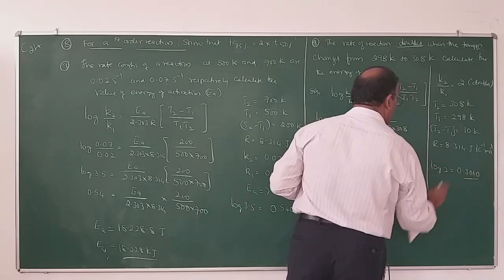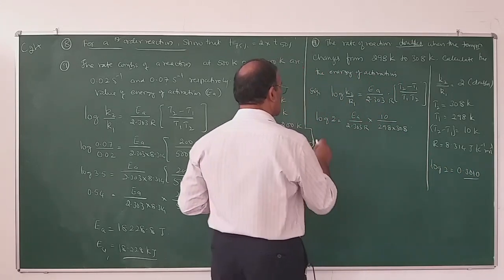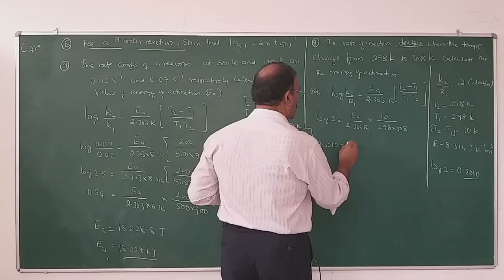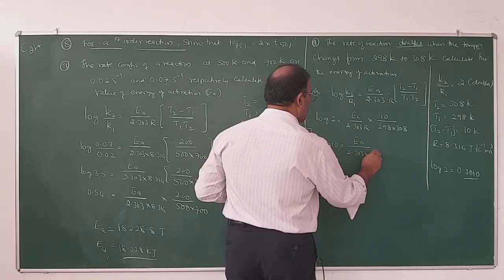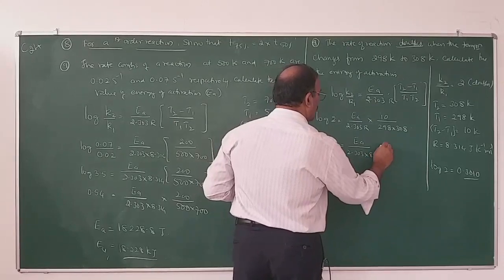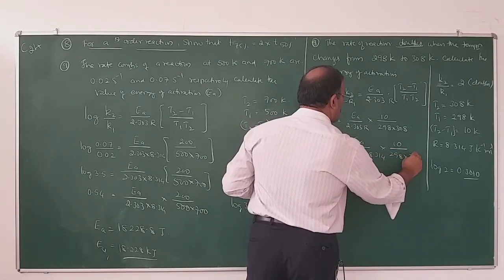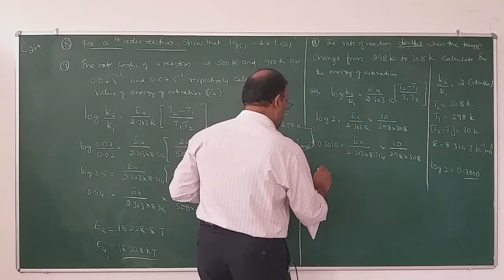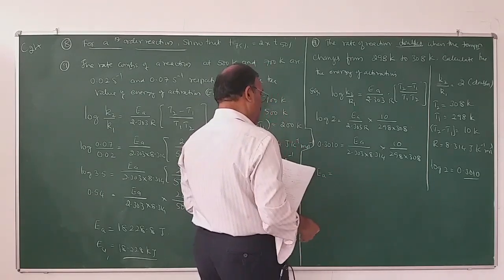Log 2 value is 0.3010. So 0.3010 equals EA divided by 2.303 into 8.314 into 10 divided by 298 into 308. From this equation you can calculate EA, the energy of activation.